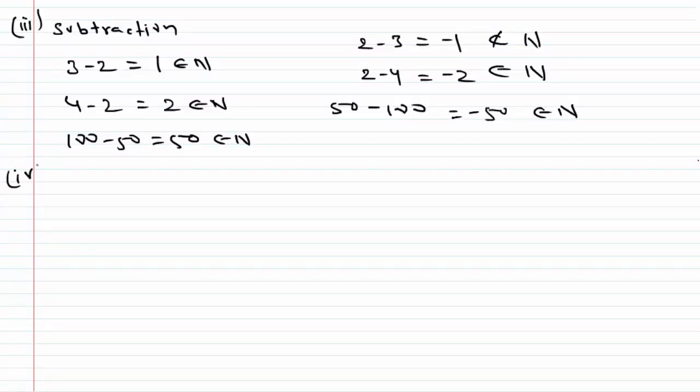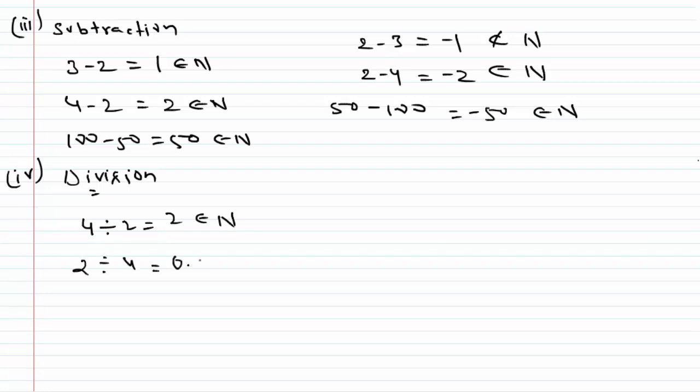Let's try another operation, that is division. So when you divide 4 by 2, you will get 2. It belongs to natural number. But when you will divide 2 by 4, you will get 0.5, which do not belongs to natural number.